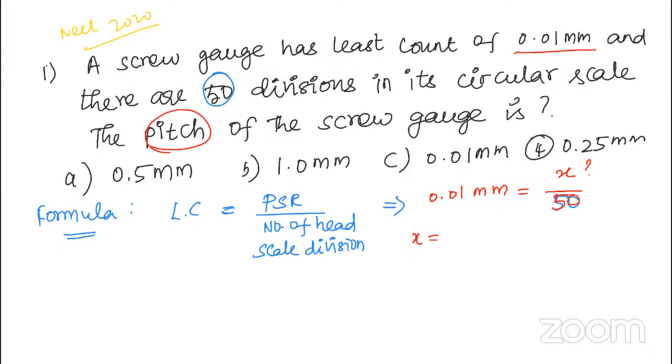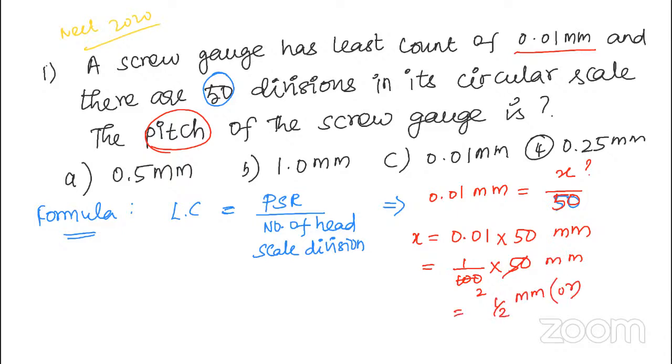Now we want only the x value. So x is equal to 0.01 into 50 millimeter, which gives 0.5 millimeter.